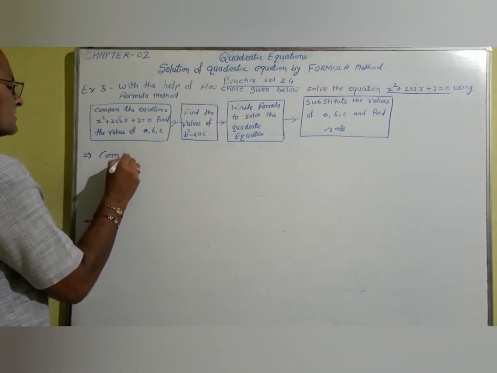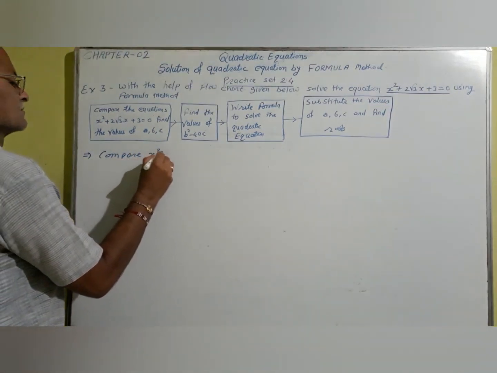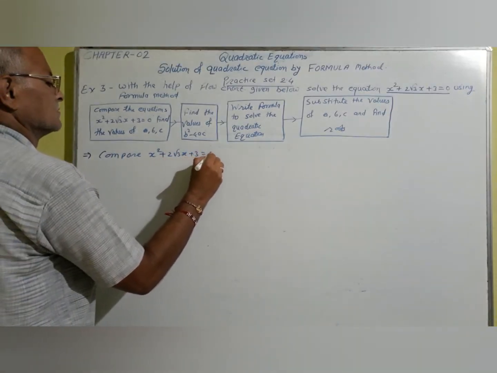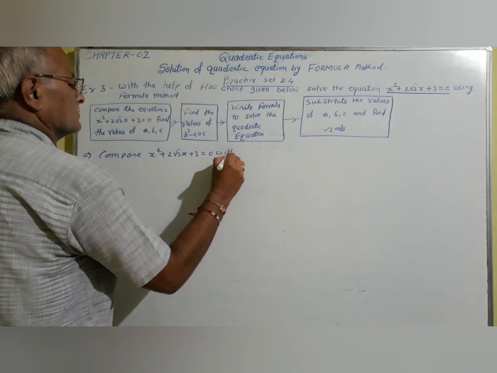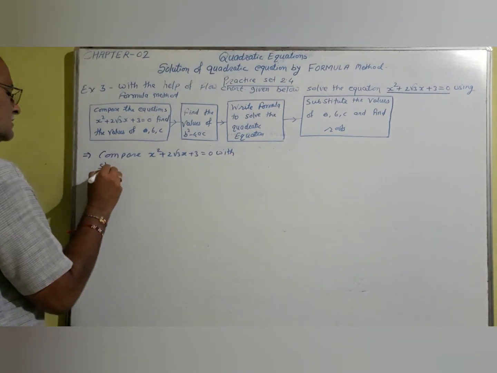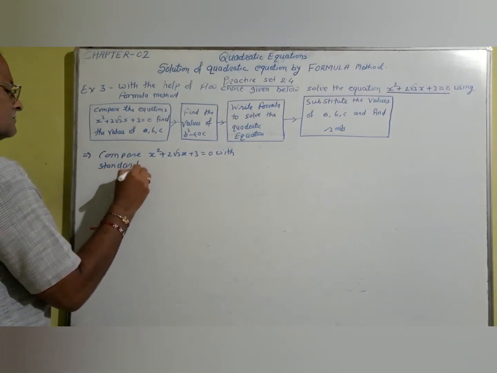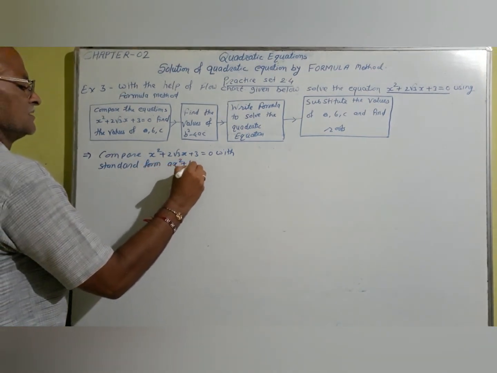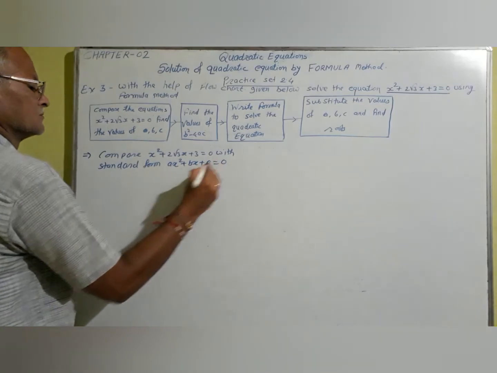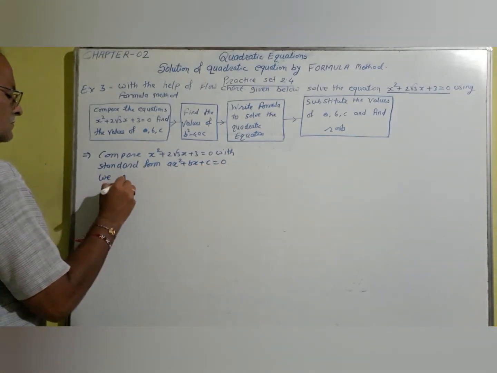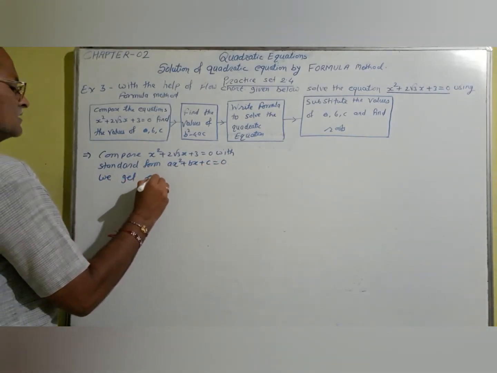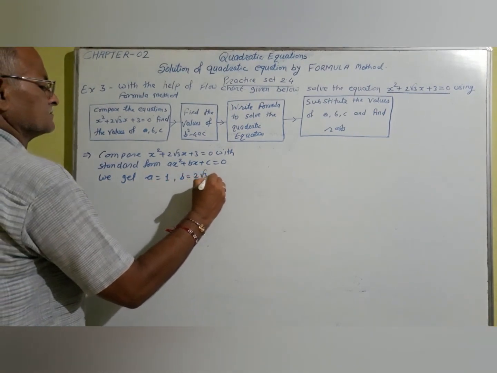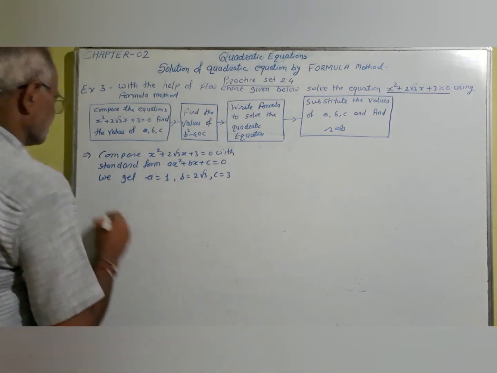First step is compare x square plus 2 square root 3x plus 3 is equal to 0 with the standard form ax square plus bx plus c is equal to 0. We get a is equal to 1, b is equal to 2 square root 3 and c is equal to 3.